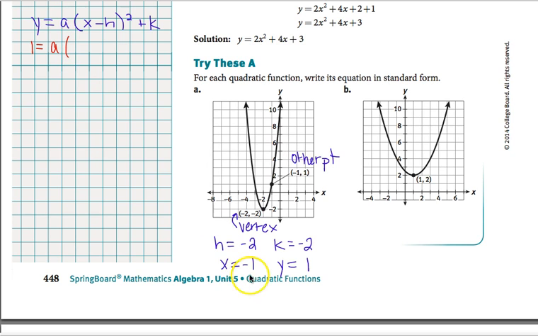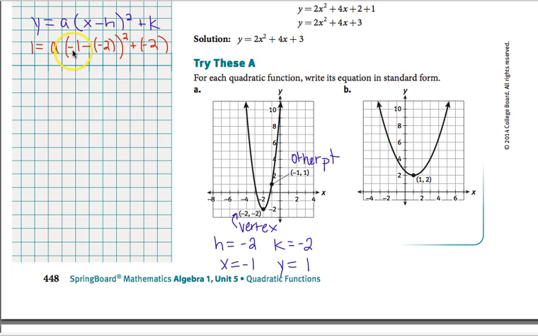Then x is -1, minus h, which is -2, so minus -2, and then squared, and then plus k, so plus -2, which really just means minus.